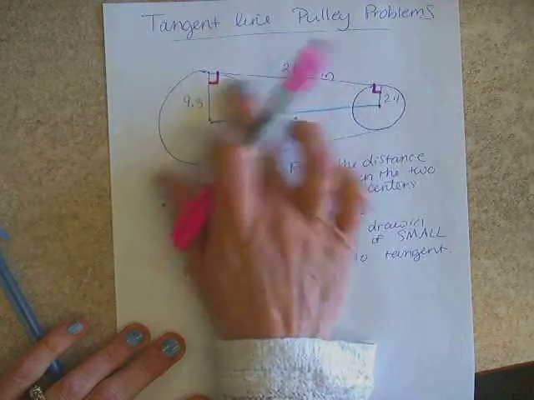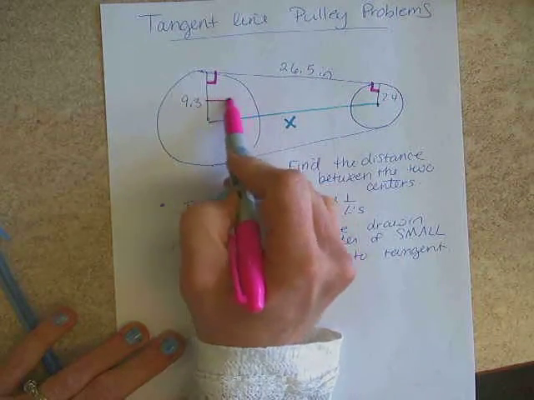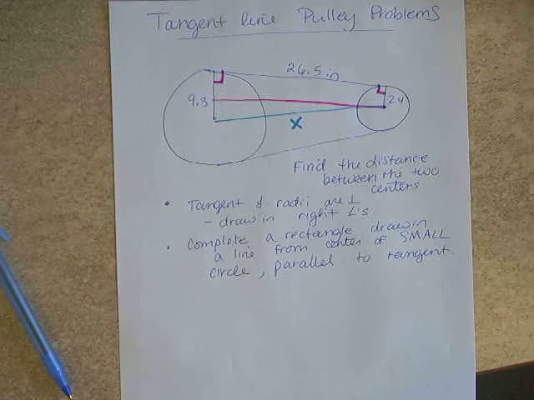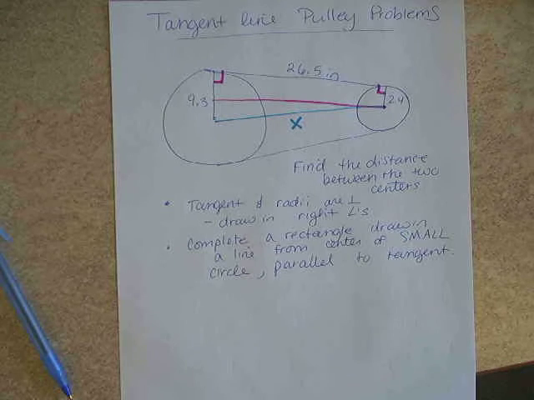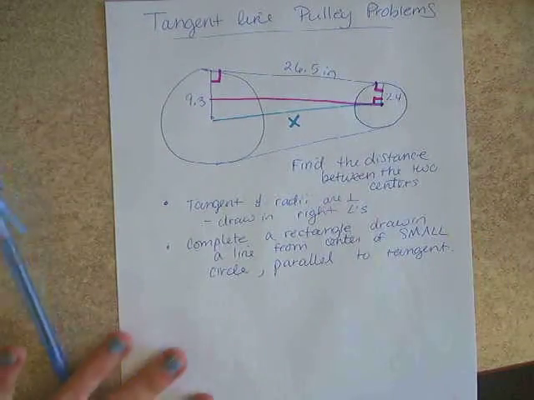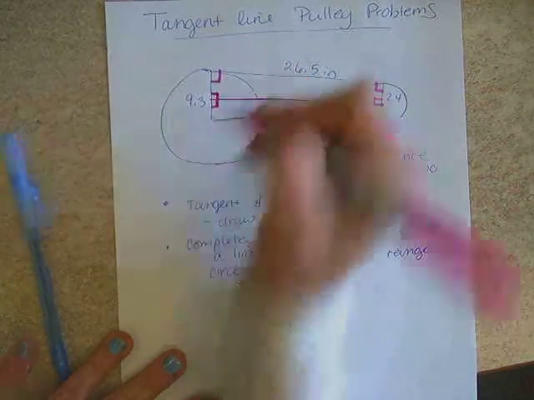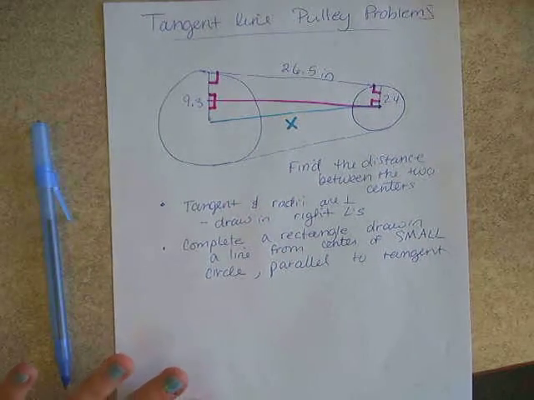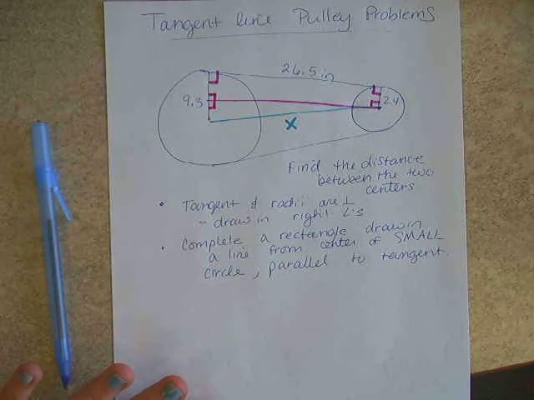So from the center of the small circle, parallel to the length that you have, you're going to create a rectangle. Even if it doesn't look perfect, you're going to make it a rectangle. So that means right angles, and you're going to draw both right angles here. You'll know why in a minute.